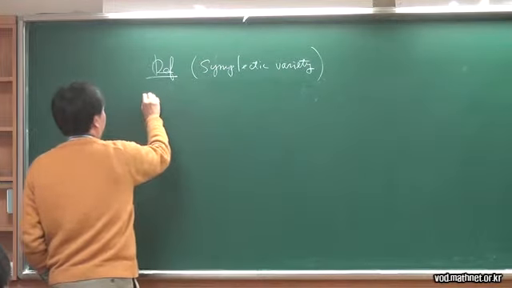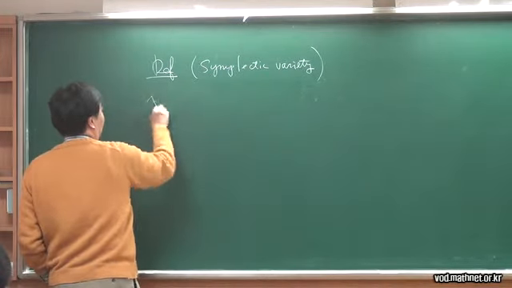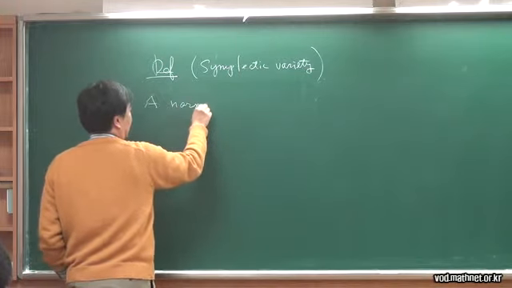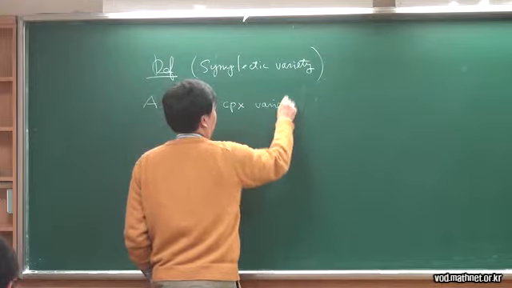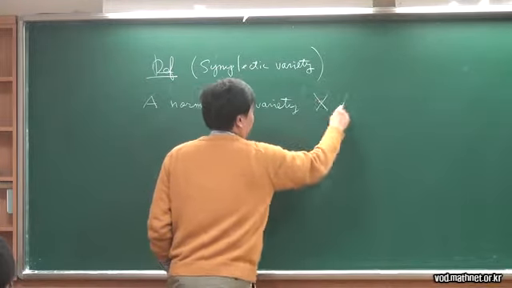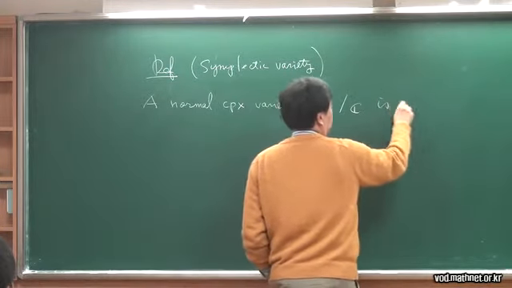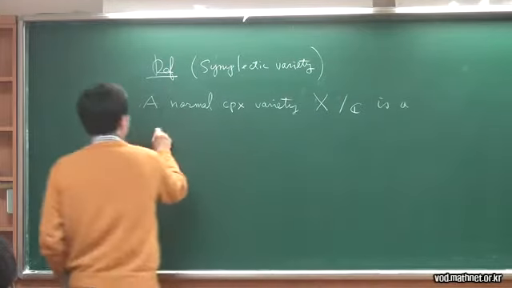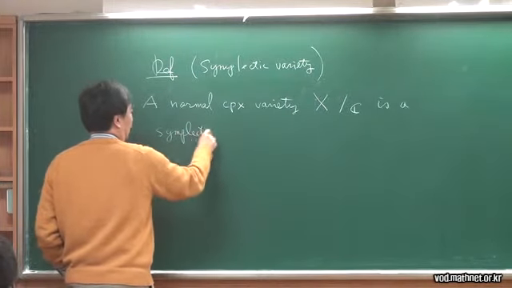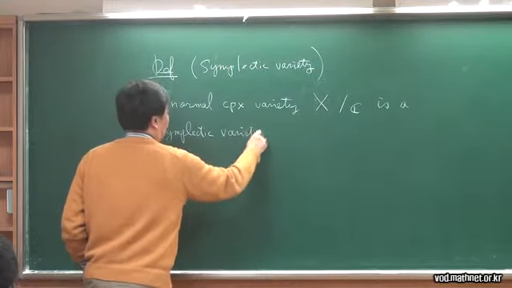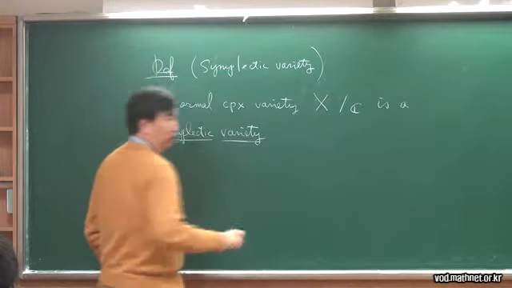Let X be a normal complex variety over C. It is called a symplectic variety if the following holds.